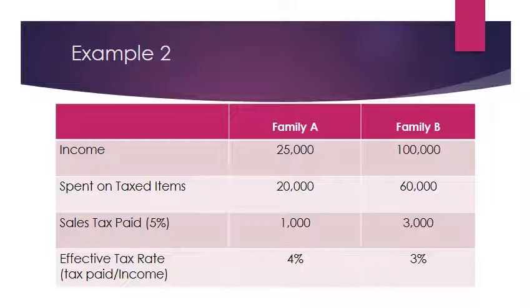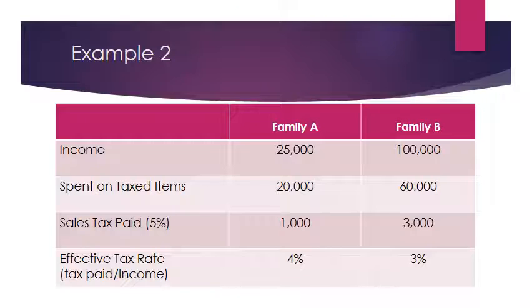We divide that by their income, £100,000, which results in an effective tax rate of 3%. So even though family B earns more, and they spend more, they pay more taxes in monetary terms.